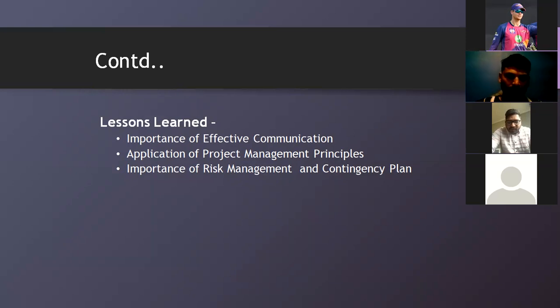The third lesson we have learned is the importance of risk management in a project and the necessity of having a risk management and contingency plan for preparing a company to handle unforeseen disasters in a project. The lessons we have learned in this case study analysis of the failed Myers online project are worth remembering and will be immensely helpful in future careers for making better decisions.